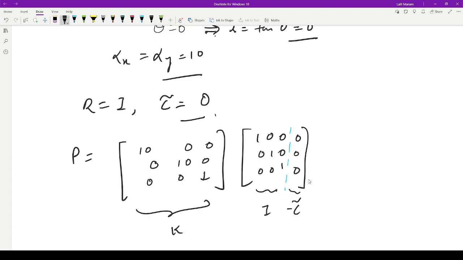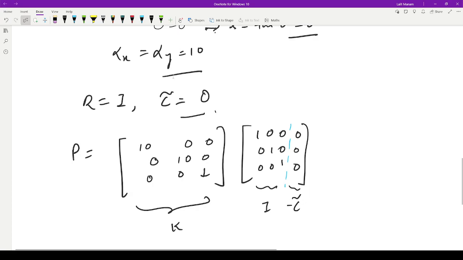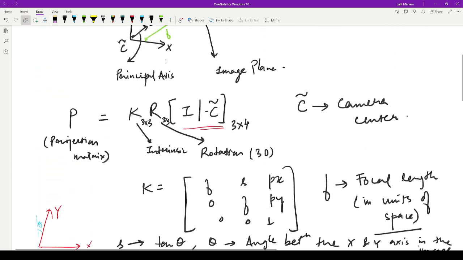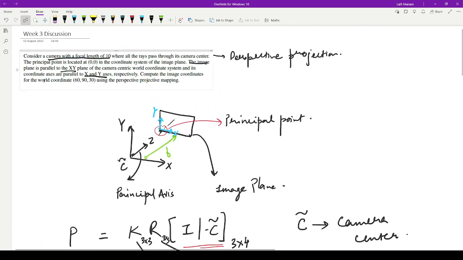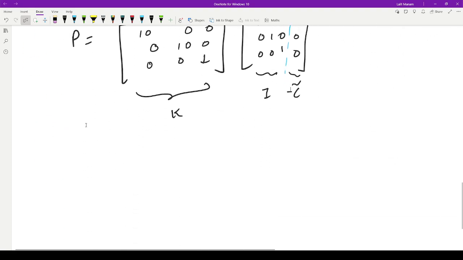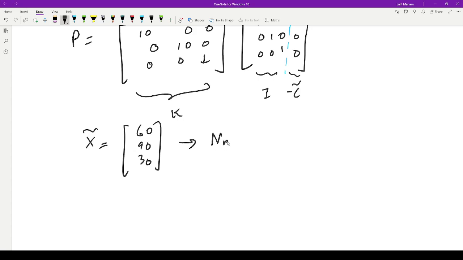So given these, what do we need to find? We are given the world coordinate 60, 90, 30. That means X tilde is 60, 90, 30, which is given in which form? Non-homogeneous form.